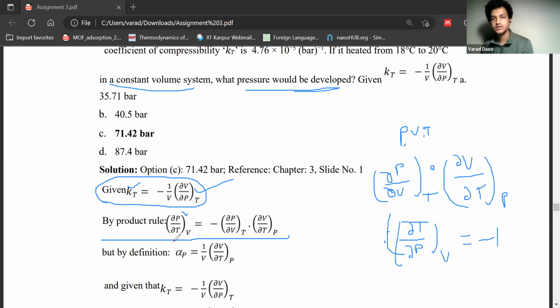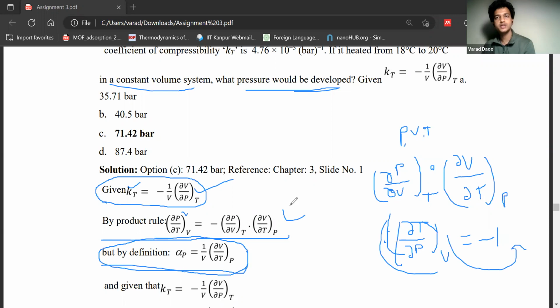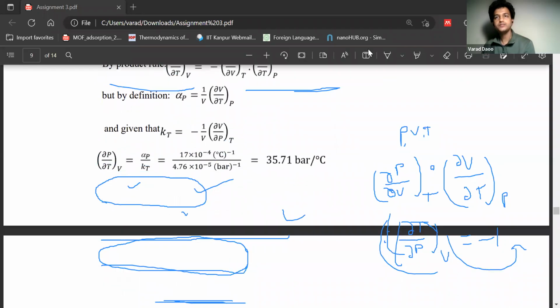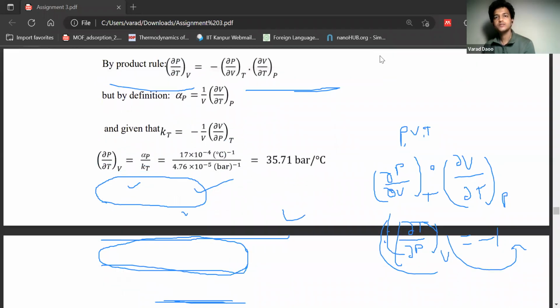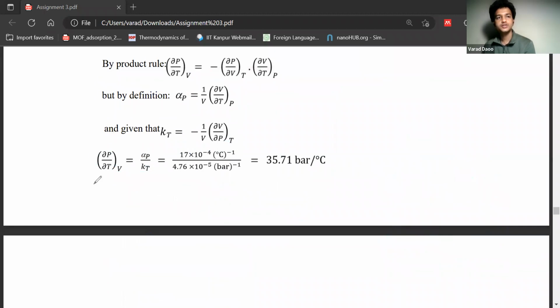So you just rearrange this expression, take this here, and multiply everything by -1, and you'll get this. Then by definition we have the isothermal compressibility, and KT has also been given. What we do basically is rearrange, and we get the expression for (∂P/∂T) at constant V.